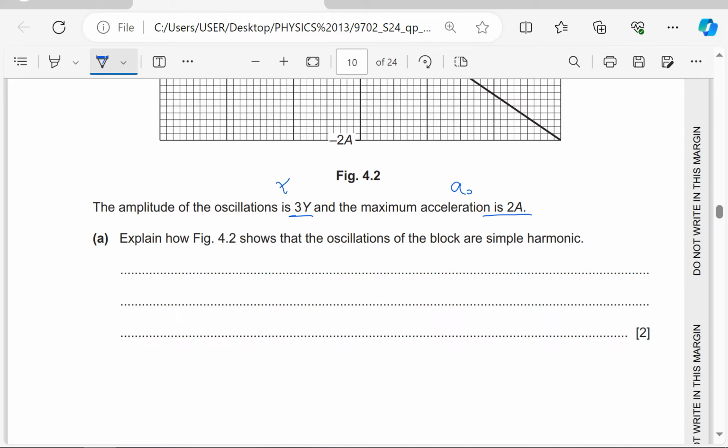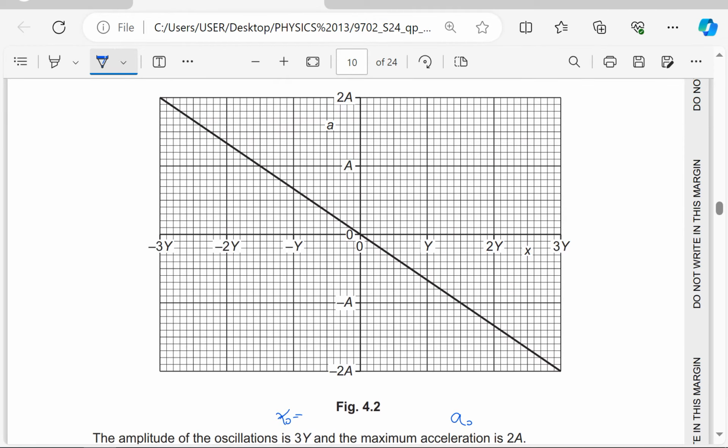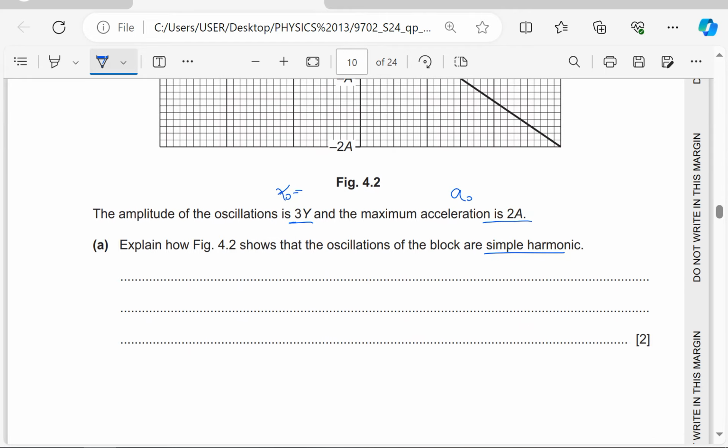This is going to be x naught. Explain how the figure shows that the oscillations of the block are simple harmonic. So we see that is a straight line to the origin, which means acceleration is directly proportional to displacement. Number two, we see that the gradient of this line is negative, which means the acceleration and displacement are always in opposite directions.